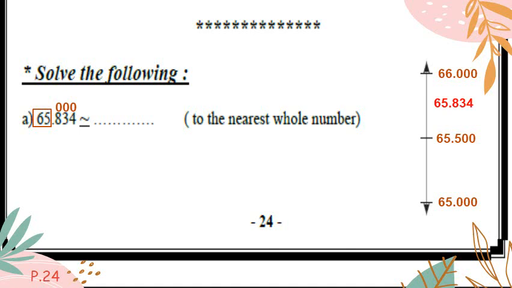When the original number is up to the midpoint, my answer is the greater number, which is 66. What about if the original number is down to the midpoint? If the original number is smaller than the midpoint, you have to take the smaller one. But here in this question, the original number is bigger than the midpoint, so I have to take 66.